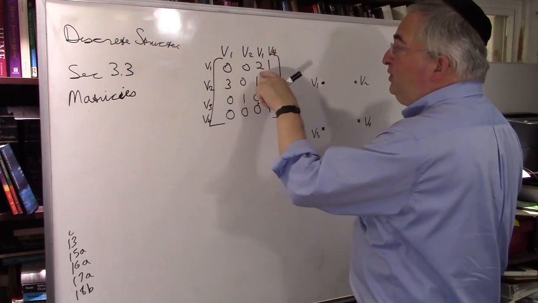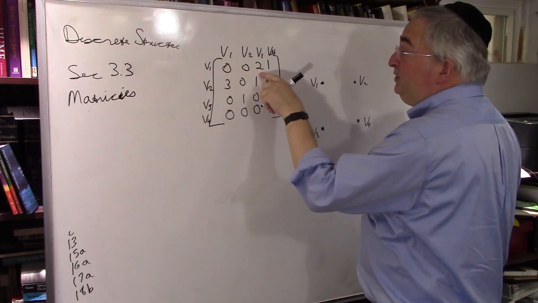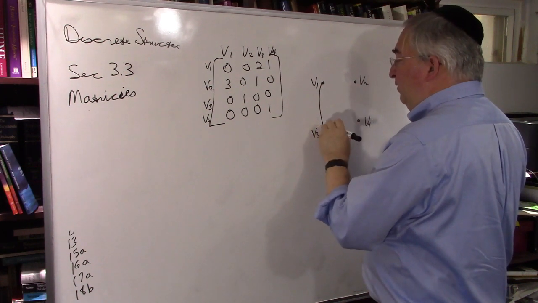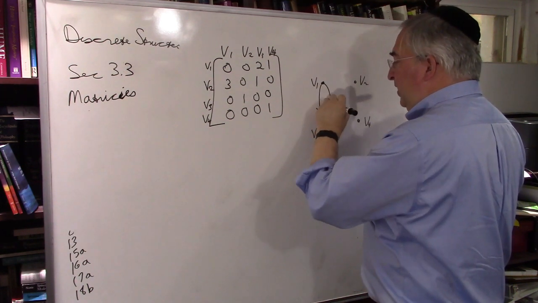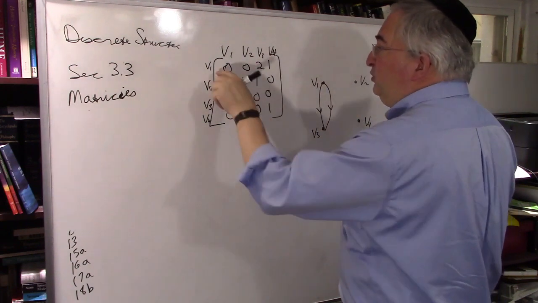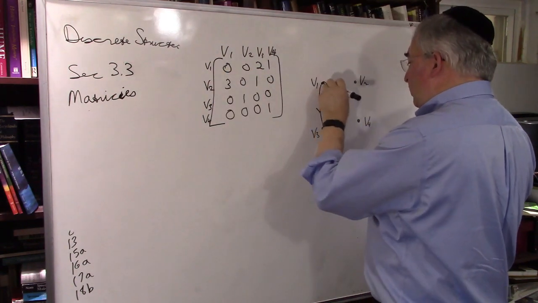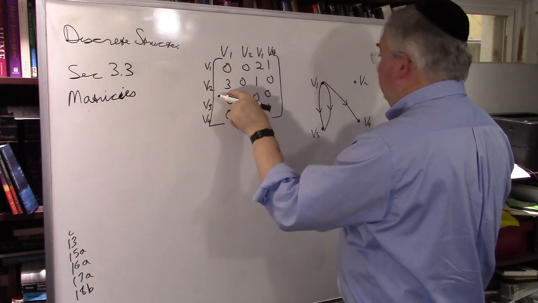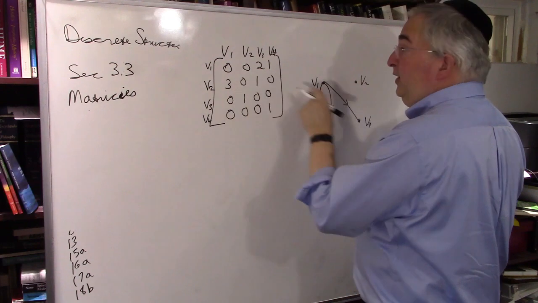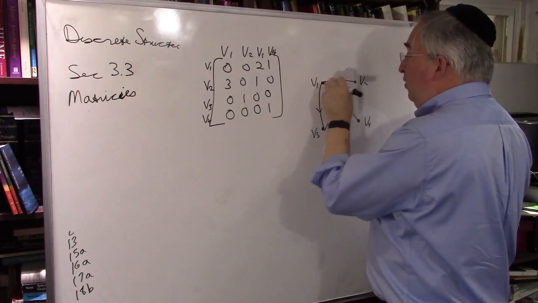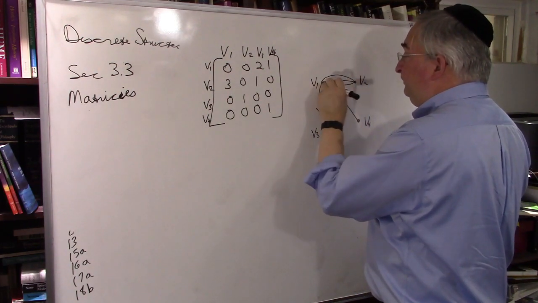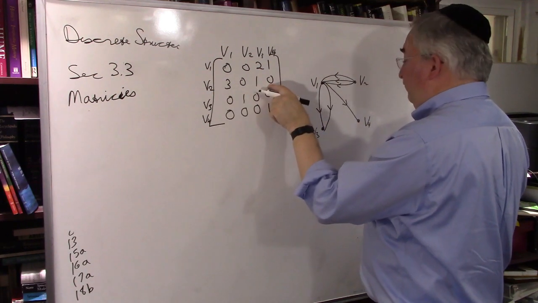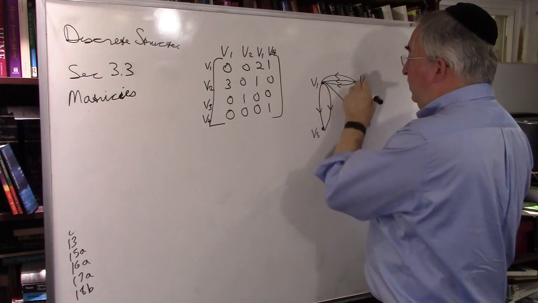There's 2 arrows from V1 to V3. Okay, they put their arrows in the middle of the line. I'm not used to it, but we'll do it. From V1 to V4, there is an arrow. Great. From V2 to V1, there are 3 arrows. Arrow, arrow, arrow. From V2 to V4, from V2 to V3, there's 1 arrow.